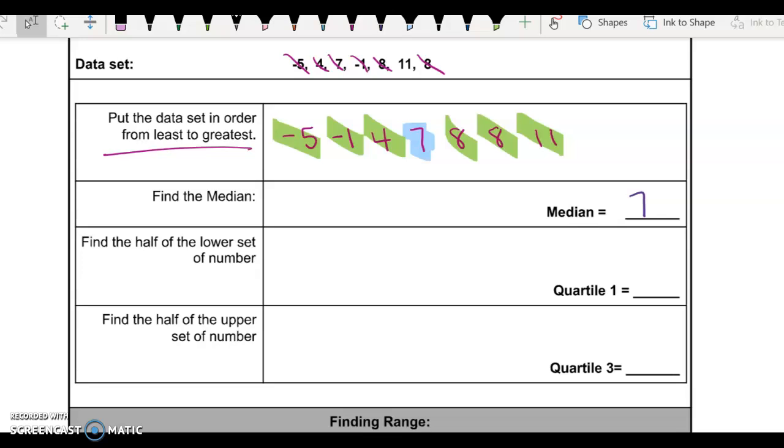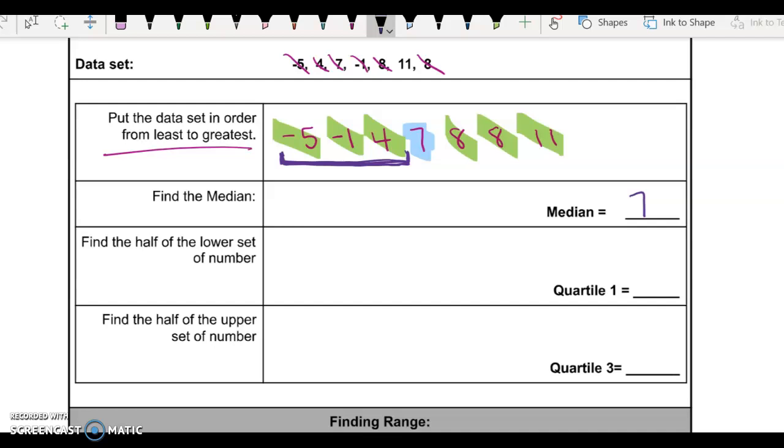After we do this, we need to find half of the lower set of numbers. So to do this, we go to the side of the median and we look at these 3 numbers. If there are 2 medians, like 2 middle numbers, we do include one of them in the set.